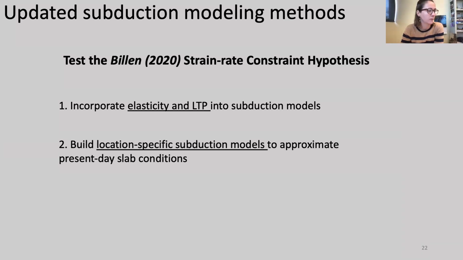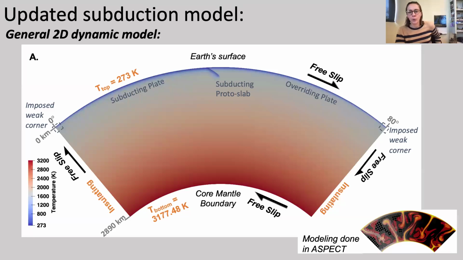So this is what my numerical model looks like in terms of the model domain, just general characteristics. This modeling was done using the open source code ASPECT, hosted by CIG.